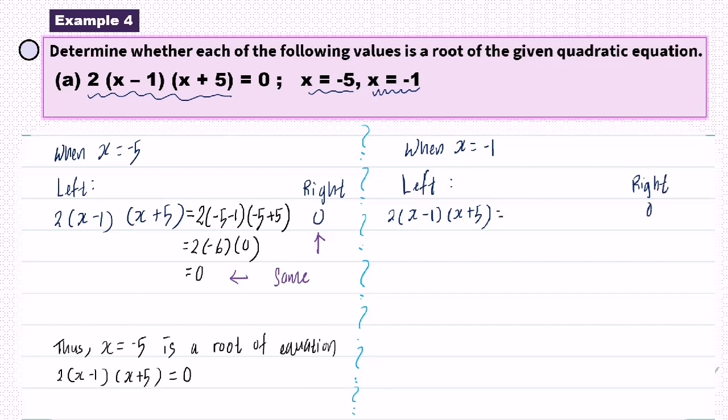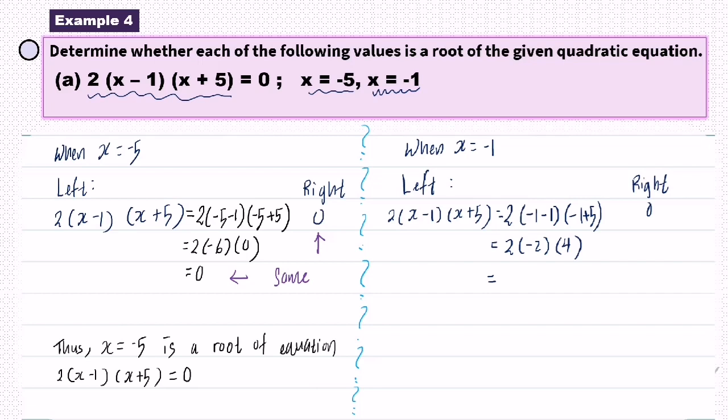Now we substitute s equals negative 1 into here, so 2 bracket negative 1 minus 1, here negative 1 plus 5 equals 2 bracket negative 2, another bracket is 4.